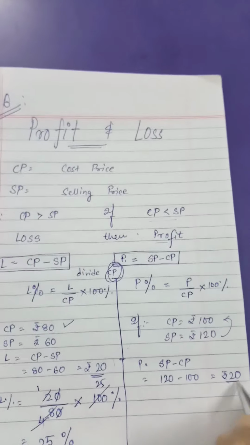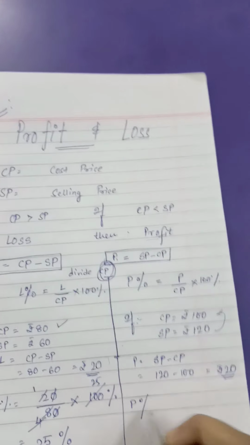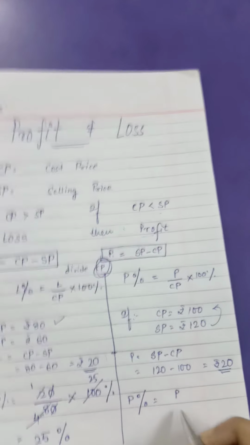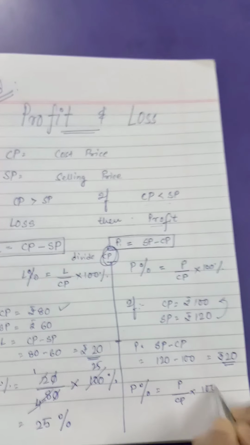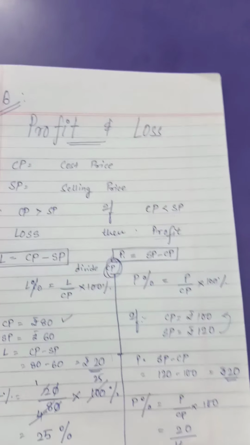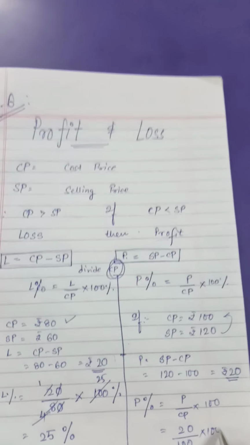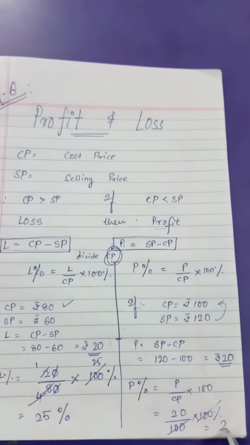Now we need to find the profit percent. Profit percent will be equal to profit by CP into 100, that is 20 by 100 into 100. 100 got cancelled, so the answer is 20%.